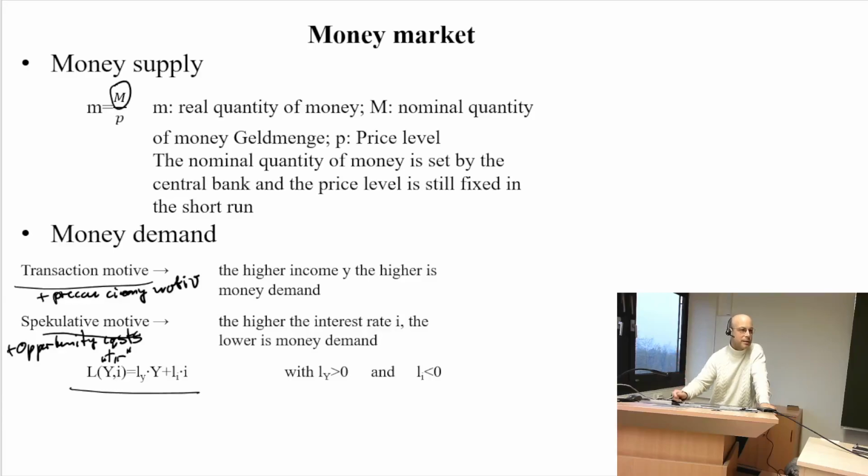What really counts for us is the real amount of money, because it doesn't matter if we have 1,000 euros. It's interesting what we can buy with our 1,000 euros. So we divide this nominal amount of money by the price level P, and then we obtain the real amount of money.